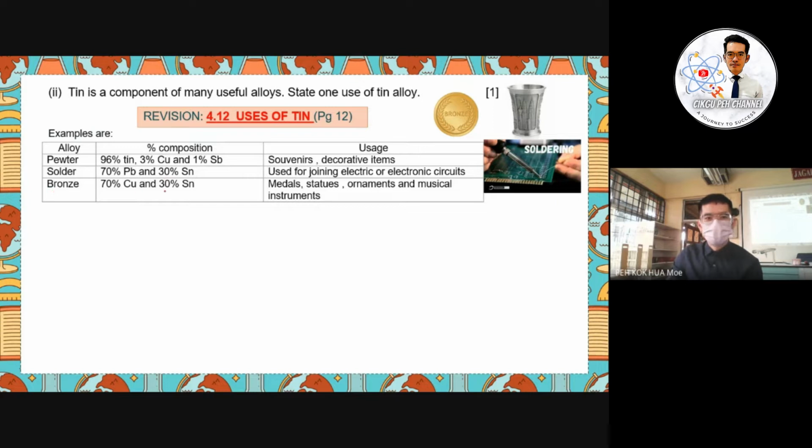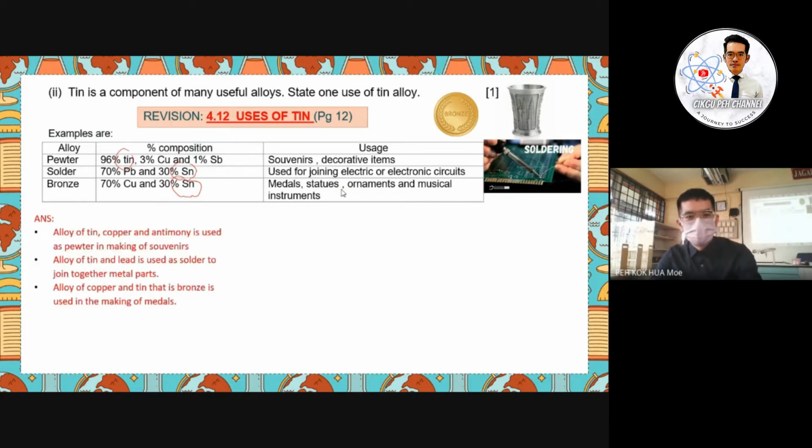Bronze will be copper and tin. So for sure, all the tin alloys we discussed must contain tin. Bronze can be used as a metal for statues, ornaments and musical instruments. Okay, so from this info, what's the correct answer you can give?